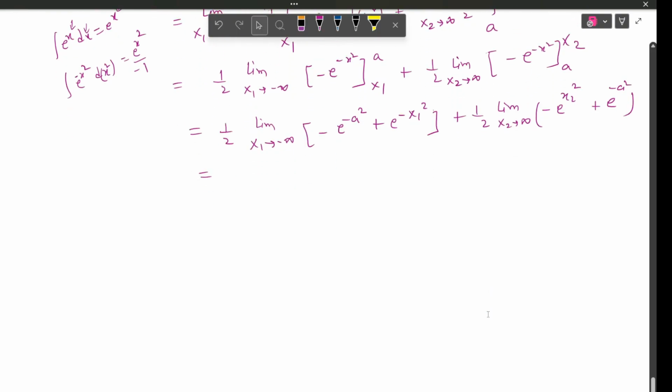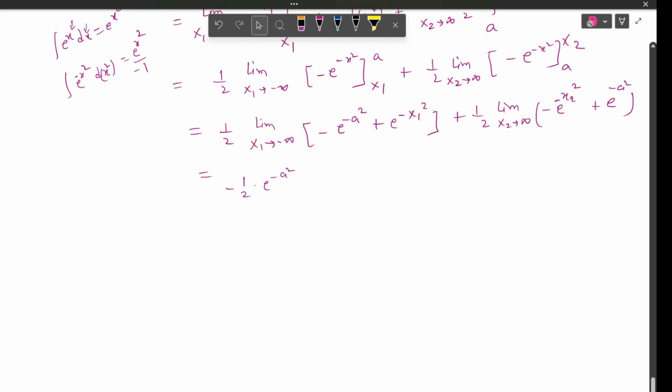Now if you evaluate this integral, e to the power minus infinity is 1 by e to the power infinity, and 1 by e to the power infinity is 1 by infinity, that is 0. So it would be minus half e to the power minus a square, and if you put x2 tends to infinity here, it would be e to the power, sorry, there is a minus, right?